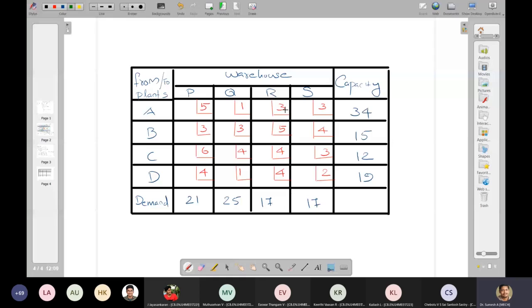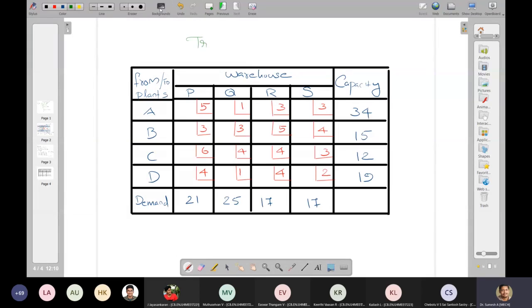D to P is 4, D to Q is 1, D to R is 4, and D to S is 2. This is normally what the data given to you will look like. This is how a model looks, and it is called the transportation matrix.